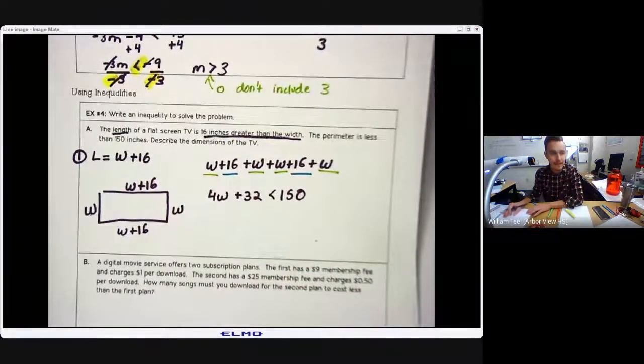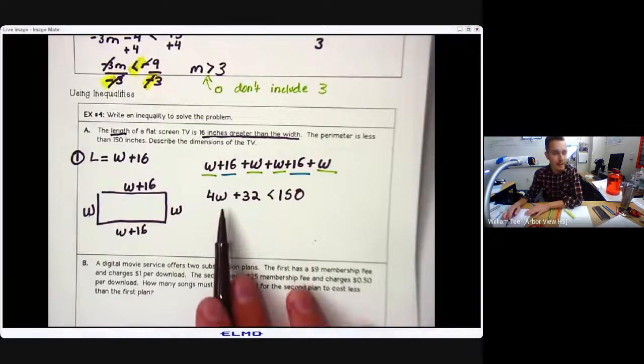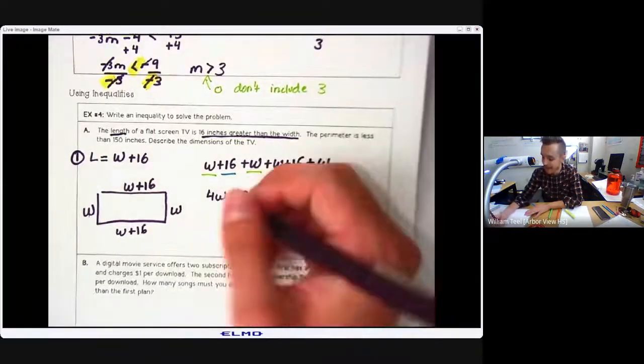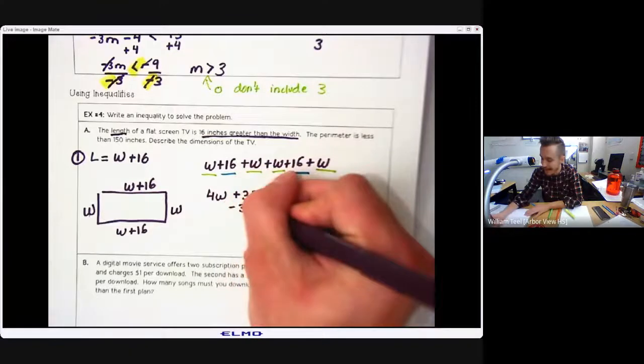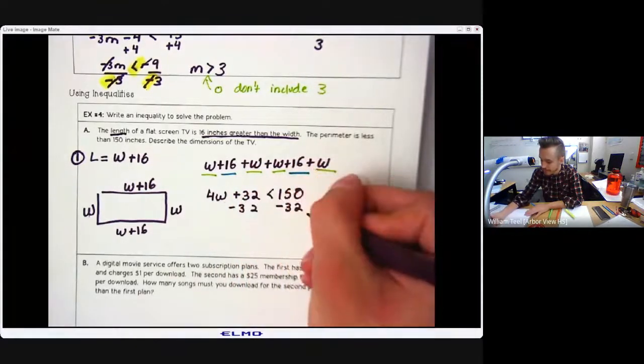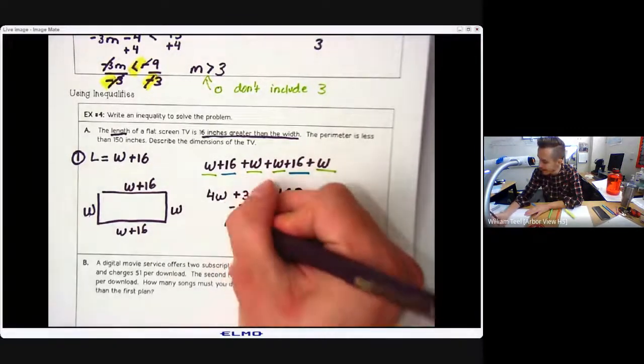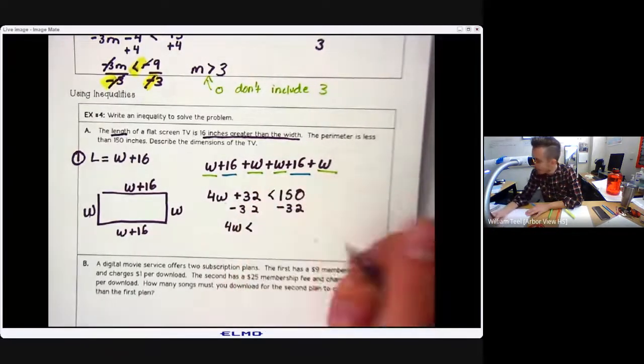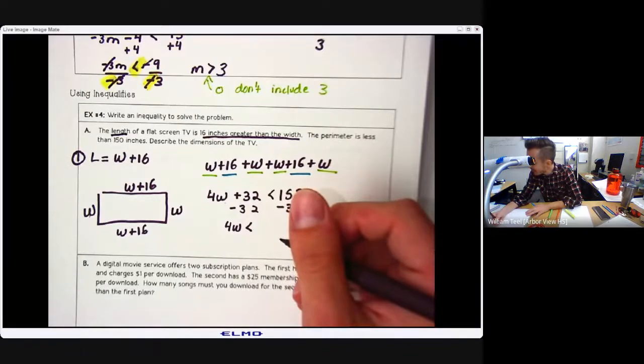Now, in order to solve for W and figure out what the dimensions are going to have to be, I'm first going to subtract 32 from both sides. Then I have 4W is less than 150 minus 32, which is 118.